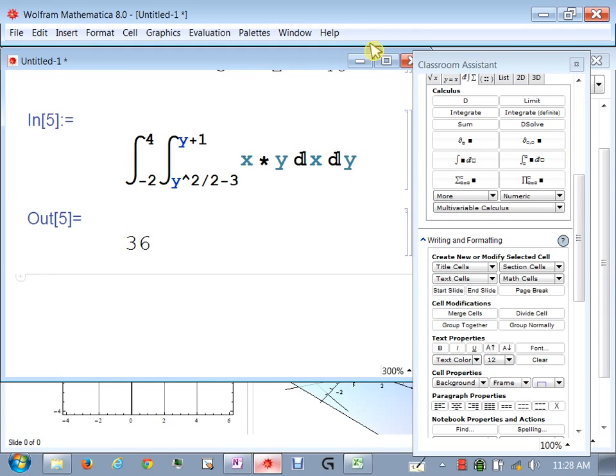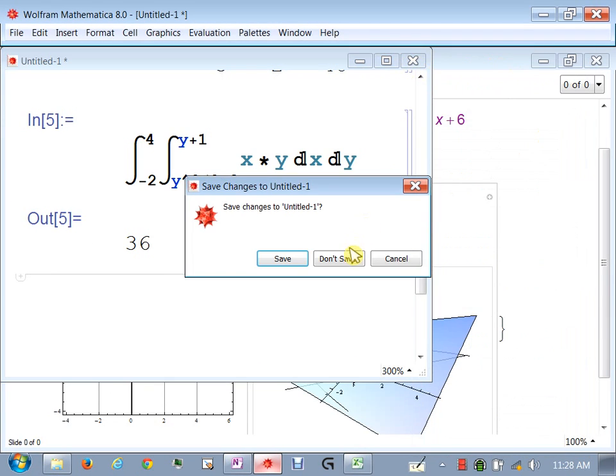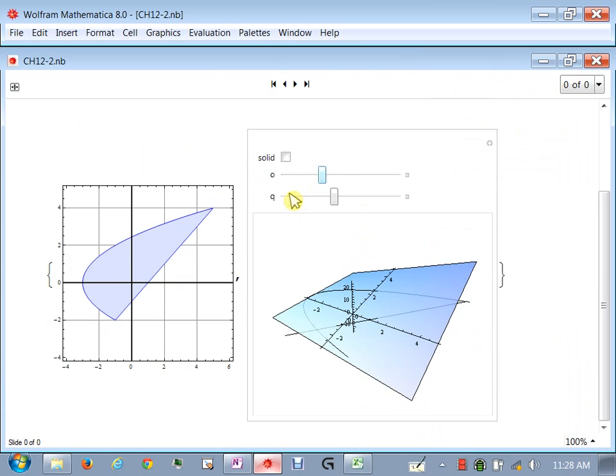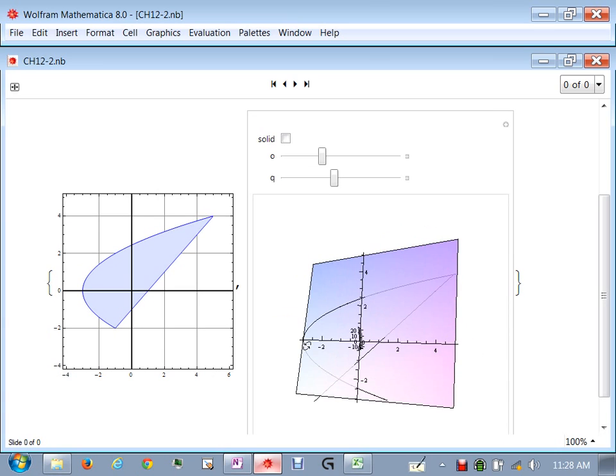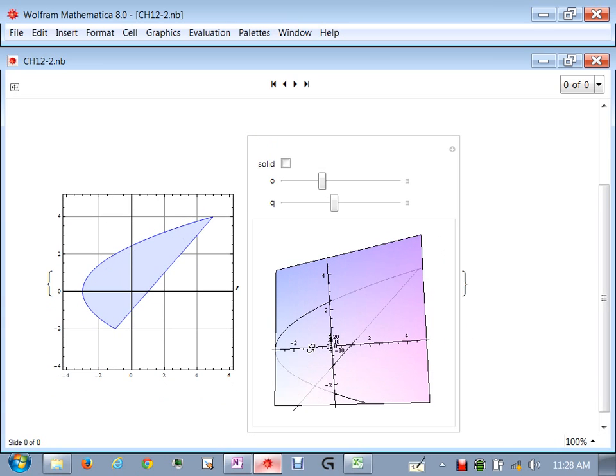Now, the geometry of what happened there: we had our region on the ground, right? Over here, kind of tough to see that.